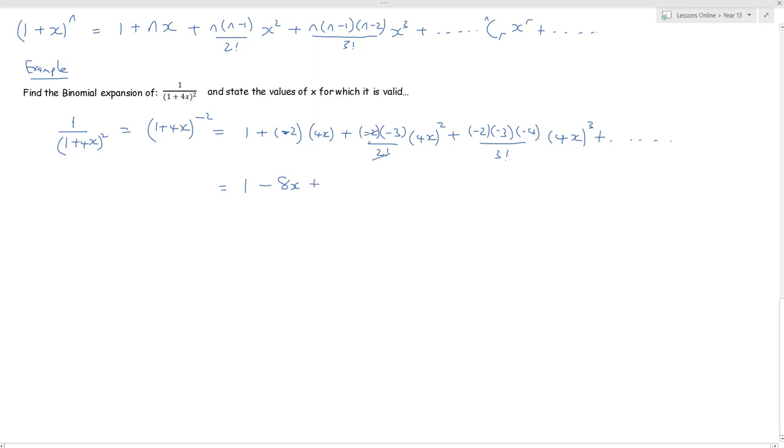The 2 factorial cancels with the 2 there, and we're left with 4 squared, 16, times 3, so it's 48x squared. We've got 3 negatives, an odd number of negatives, so it's going to be a negative answer here. 3 factorial, or 3 times 2 times 1, cancels with 3 and 2, which means then we've got 4 times 4 cubed, so 4 to the power of 4, which is 16 times 16, 256 x cubed.